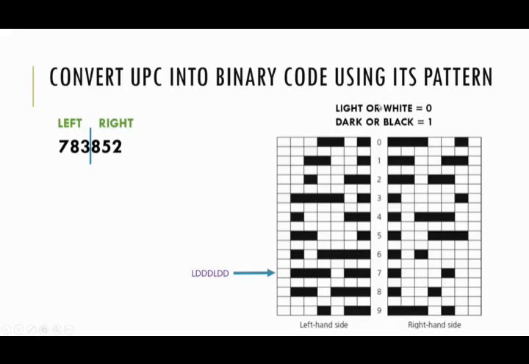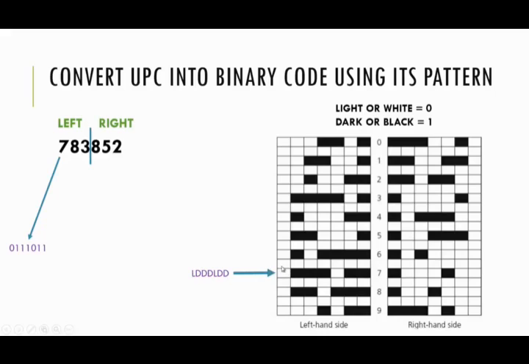Light or white is equal to 0, dark or black is equal to 1. So what happens is that we get a number 0111011.